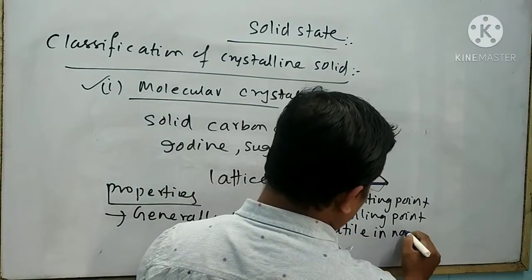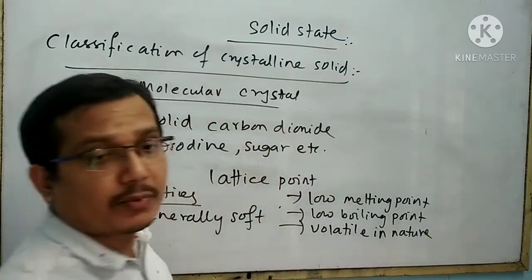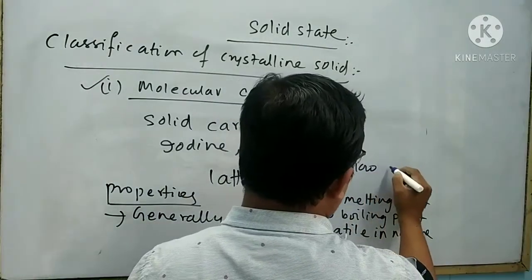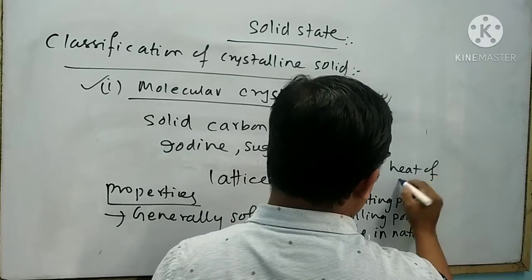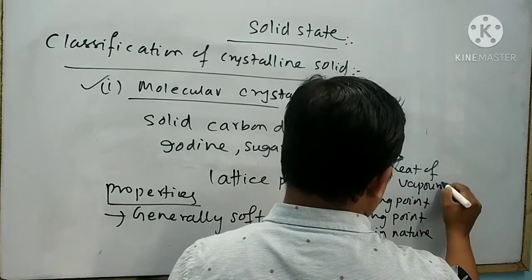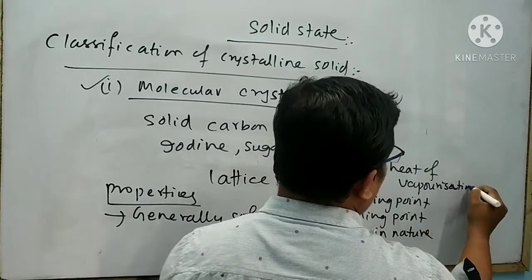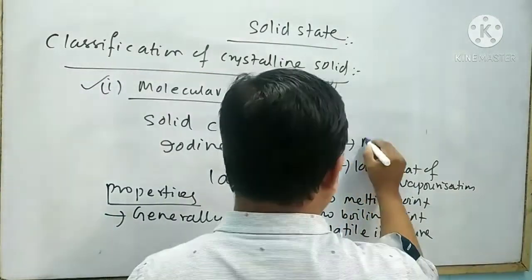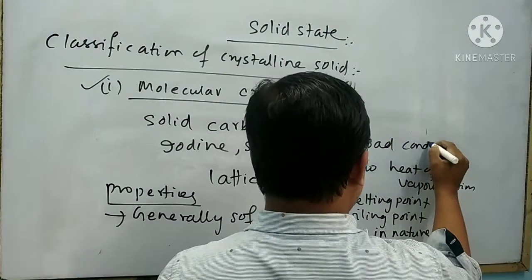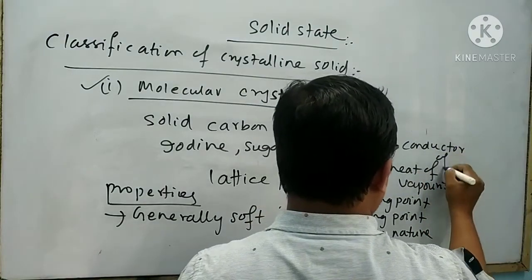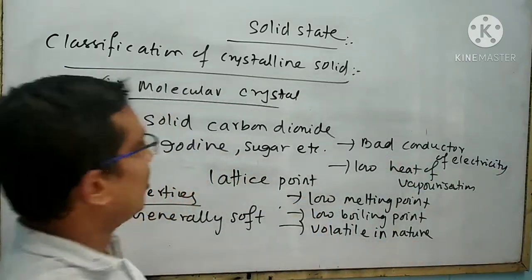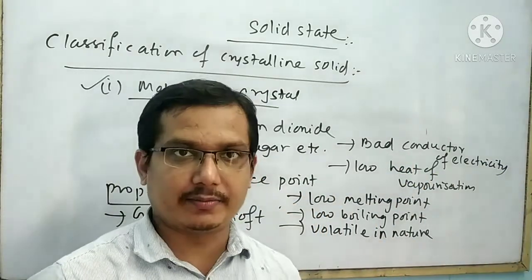Next point is low heat of vaporization. Next point is bad conductor of electricity. These are the properties of molecular crystal.